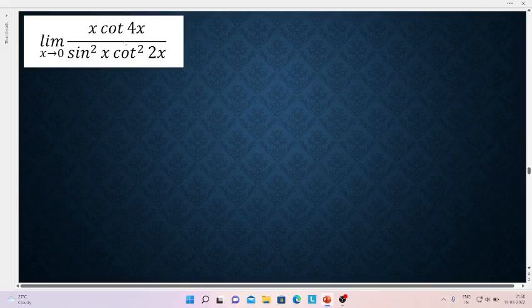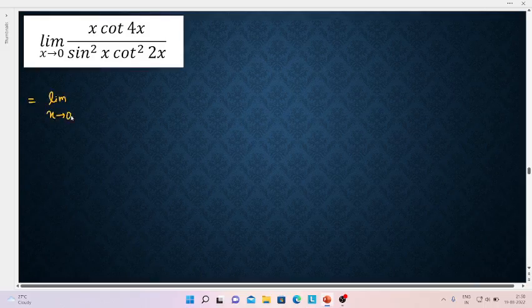So we can change that cot to cos by sine. I mean cot theta equals cos theta upon sine theta. So let me first change this cot function into cos theta upon sine theta. So I will have limit x tends to 0. Let me write it below this question, because then we will have lots of space.